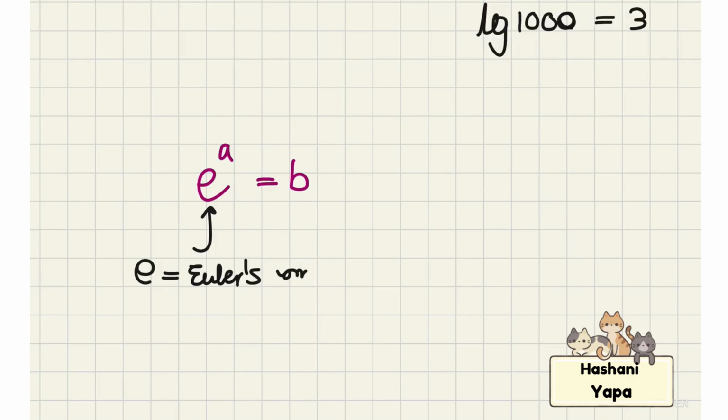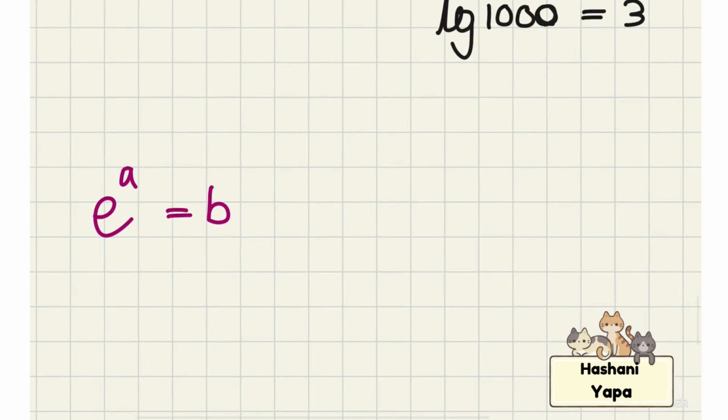You don't have to know how this constant came to be for P3. If you want, you can search it up on the internet, but we're not going to focus on that. You just have to know that it's a very special number in logarithms and exponential functions.